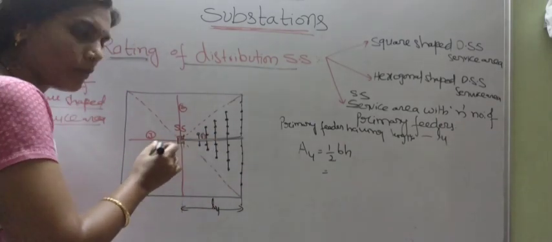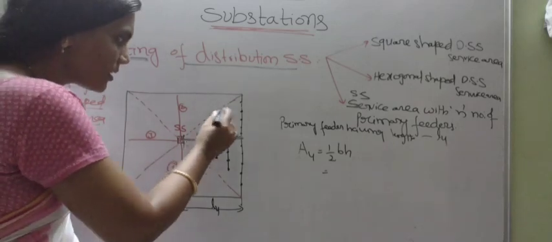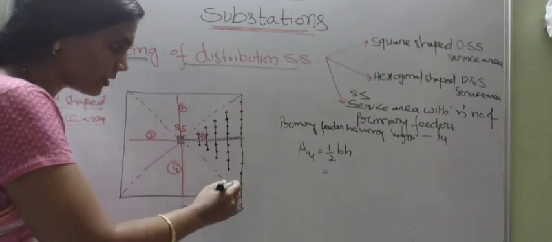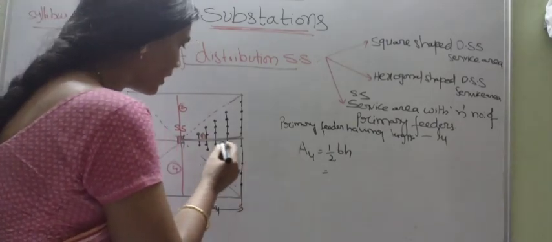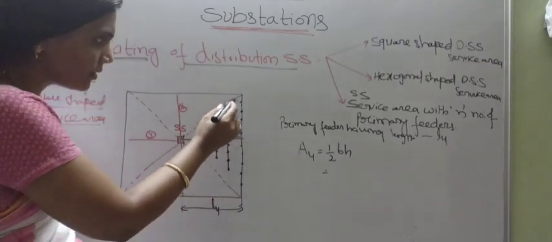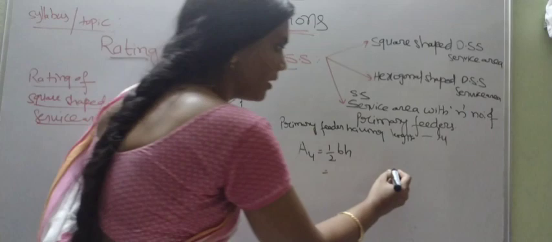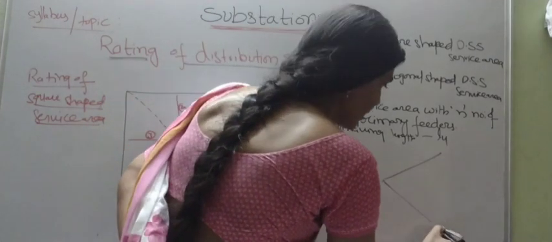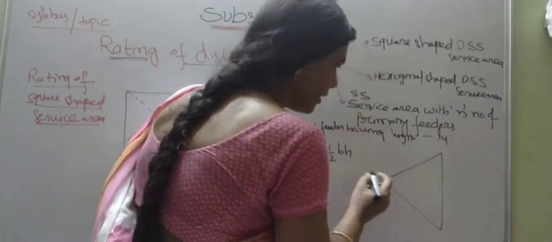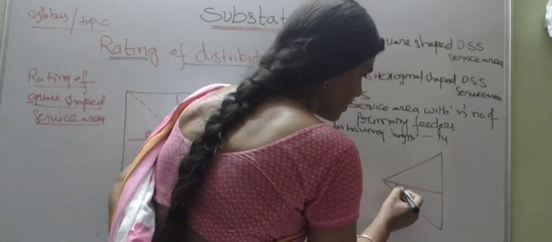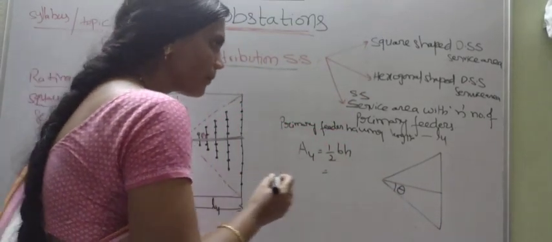Now we have to calculate the area served by this feeder. I will take this shape here, and let us assume this is theta.